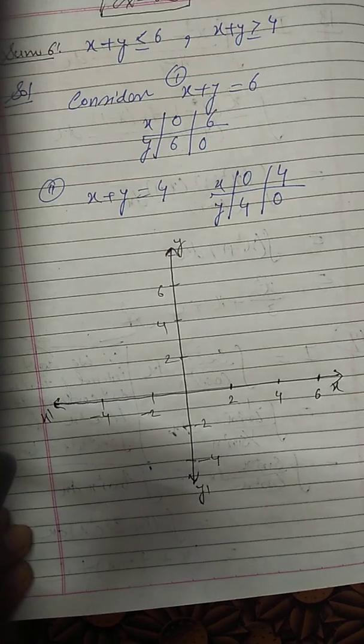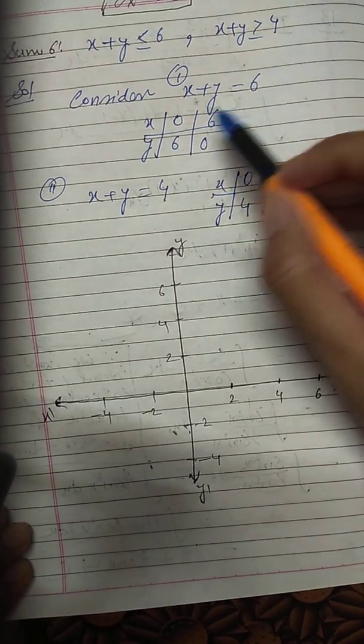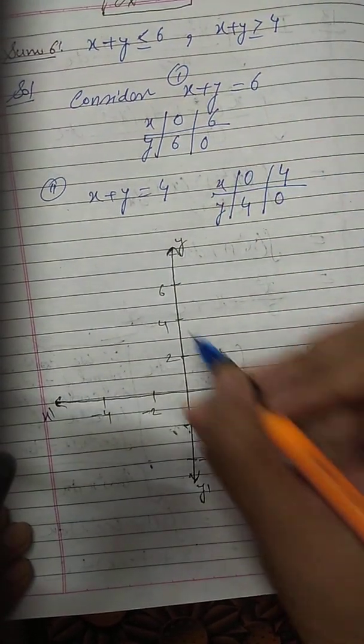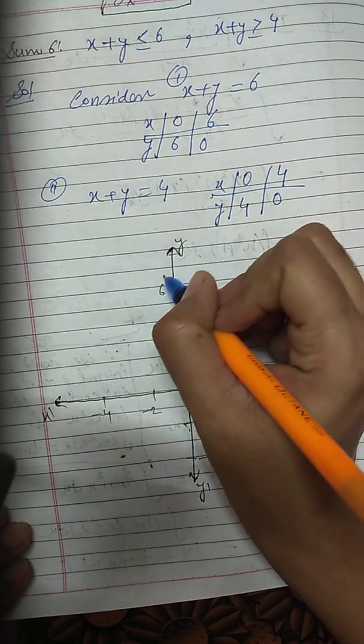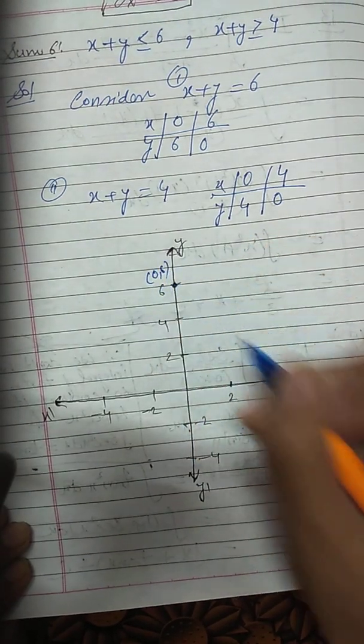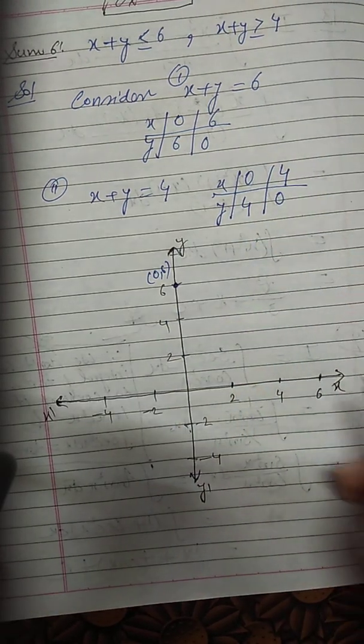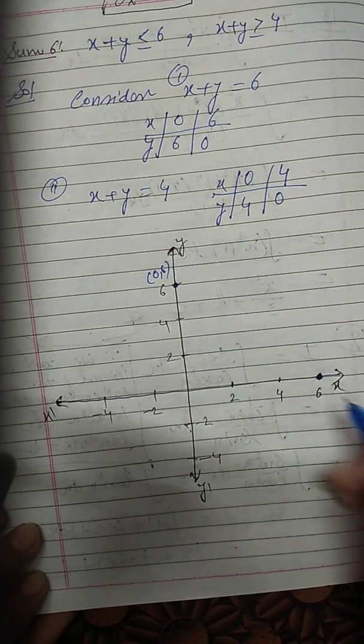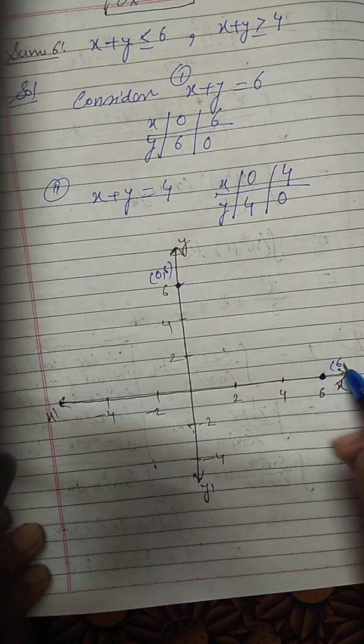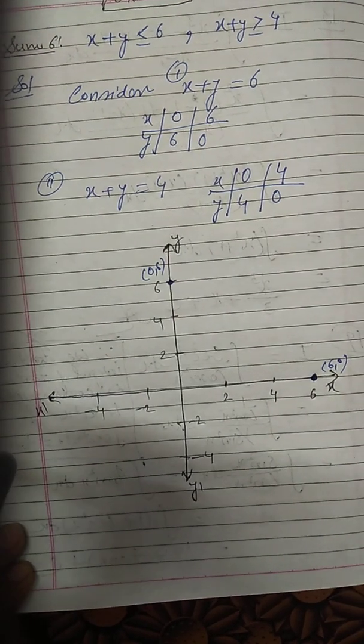So the first line is x plus y equals 6. When x is 0, y is 6, so the first point will be here, 0, 6. The second point corresponding to this line is when y is 0, then x is 6. So here we will have 6, 0.